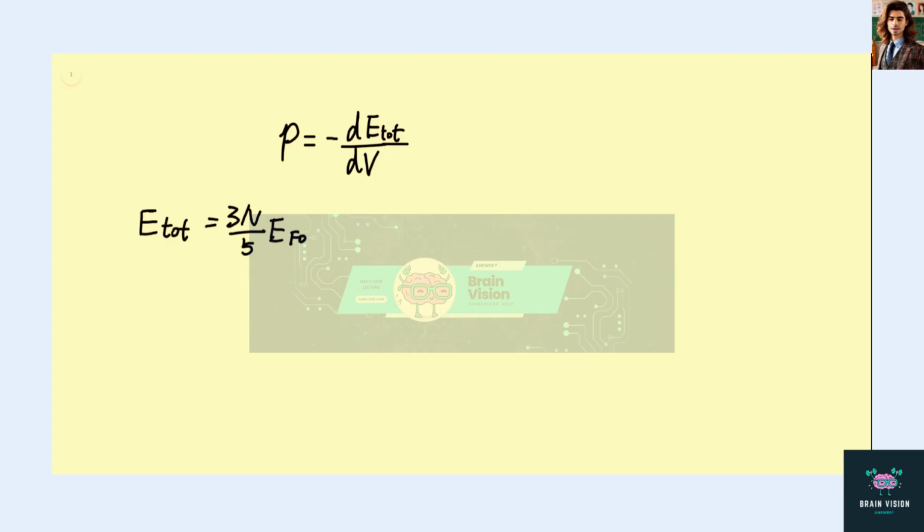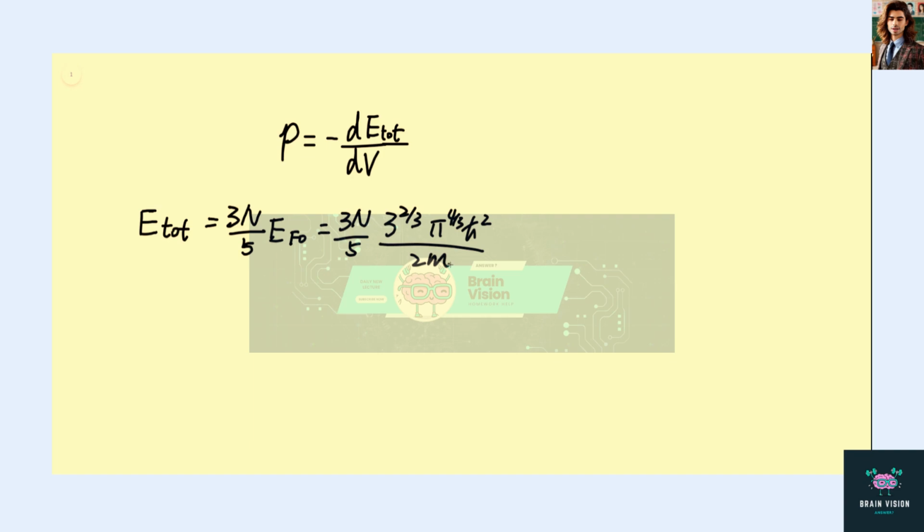Because 3 over 5 of the zero-point energy is the average energy of the entire thing at zero degrees. And then we want to plug in the equation for Fermi energy. The zero-point Fermi energy is (3π²)^(2/3) over 2m times ħ squared.